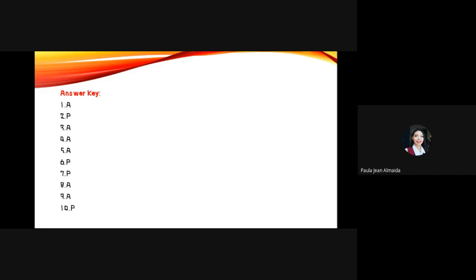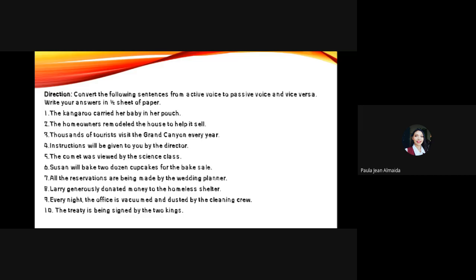Job well done, class. Let's proceed to this activity again. You are going to convert the following sentences from active voice to passive voice and vice versa. Write your answer in one half sheet of paper. I'll give you 5 minutes to answer it. Are you done, class?